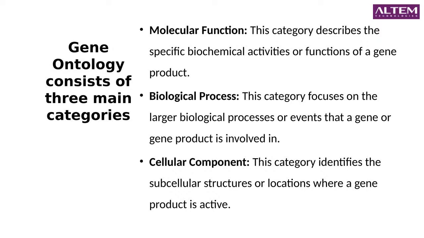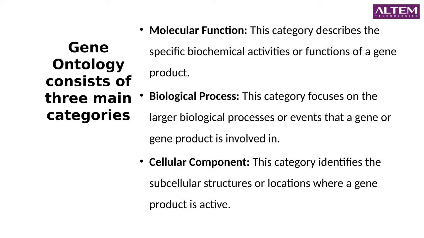And then we have biological processes. This category focuses on larger biological processes or events that a gene or gene product is involved in. Again, for instance, it may describe a gene as being part of the cell cycle or immune response.